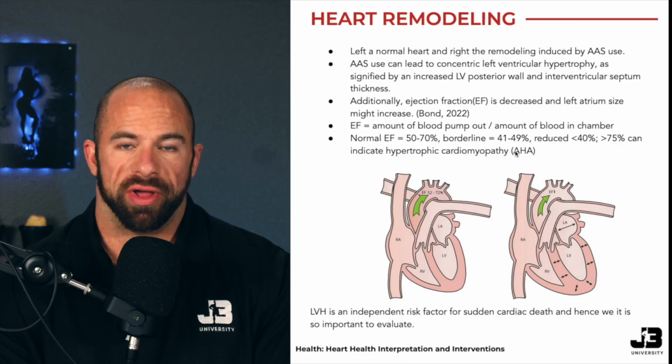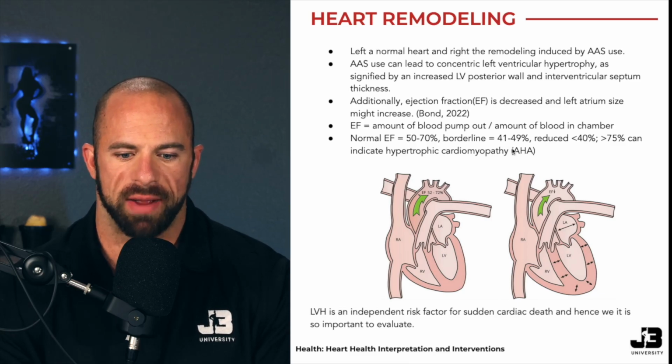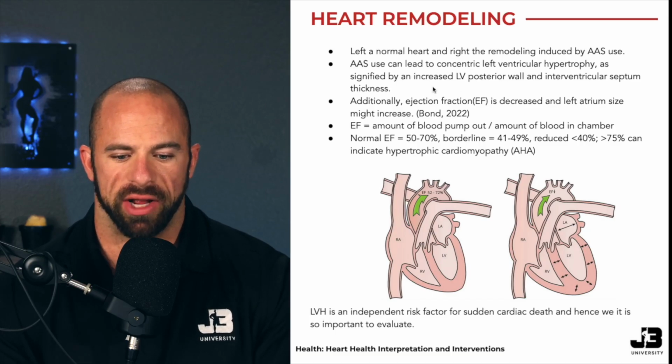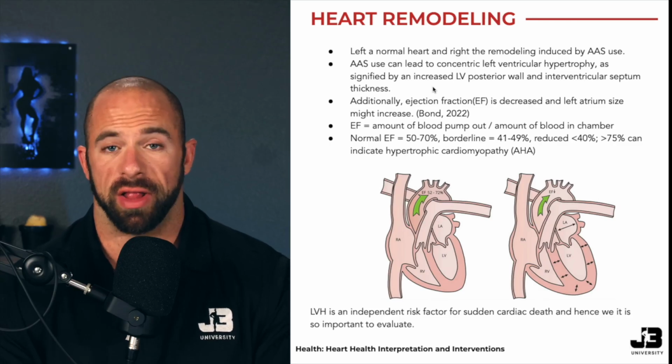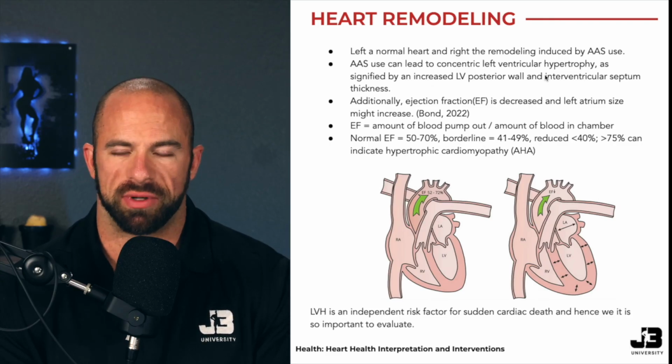Now, what can happen with a dysfunctional heart, one that is getting exposed to steroids over time, is that these steroids lead to concentric left ventricular hypertrophy, as signified by an increase in left ventricular posterior wall and interventricular septum thickness.